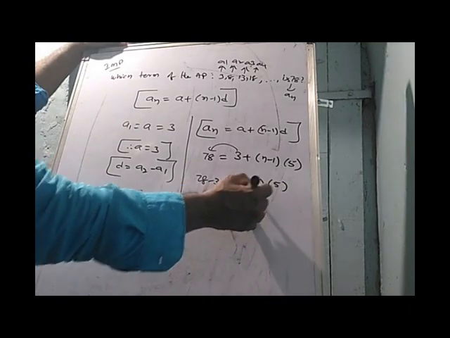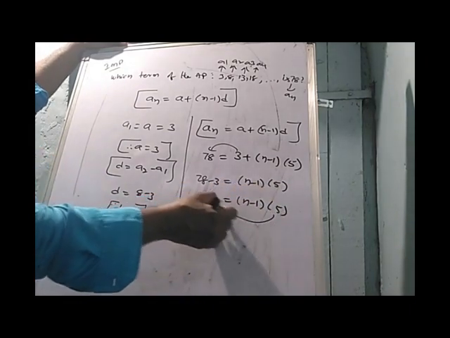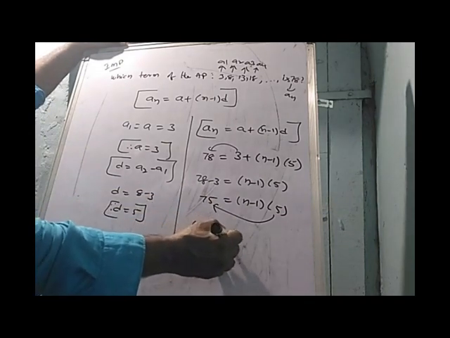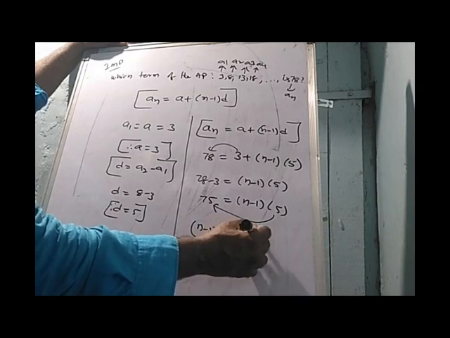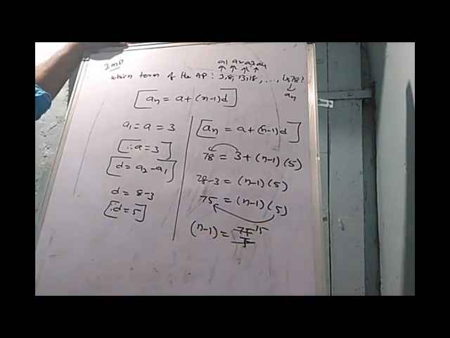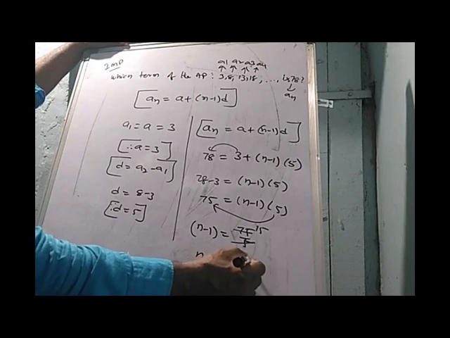Here 5 also transposes. Here it is multiplying, so it should be division. And there is left only n minus 1. Here 75 by 5. In the 5 table, 15 fives are 75. So we are left with n minus 1 equals 15.